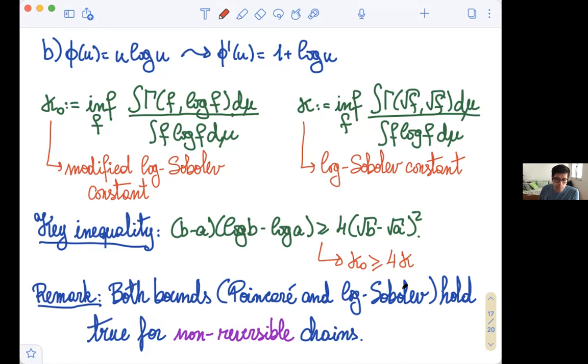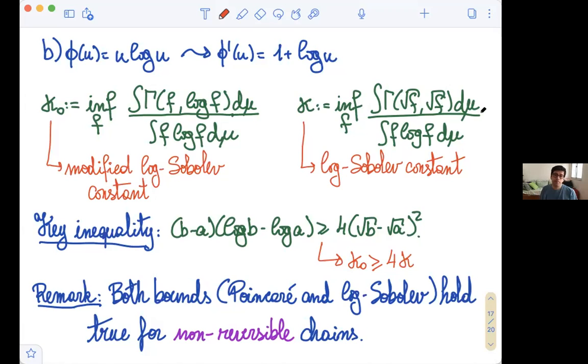And here there is a remark: I assumed at the beginning that the chain was reversible. But it turns out that both bounds, the Poincaré and the log Sobolev bounds, are also okay for non-reversible chains. Meaning, if you define the log Sobolev constant like this, this thing makes sense for non-reversible chains, because the Dirichlet form is a well-defined object for non-reversible chains as well.